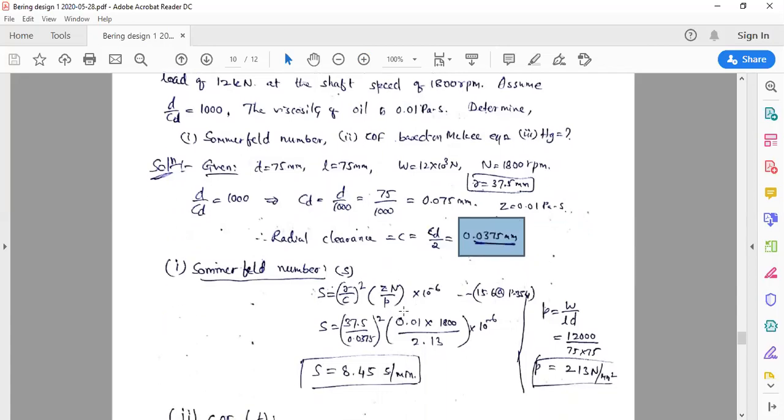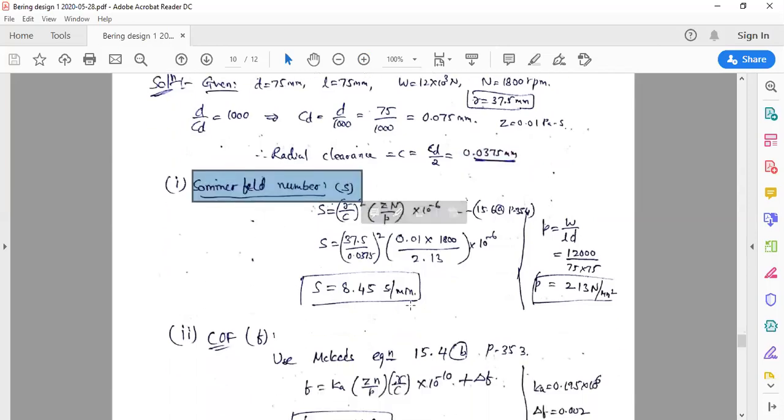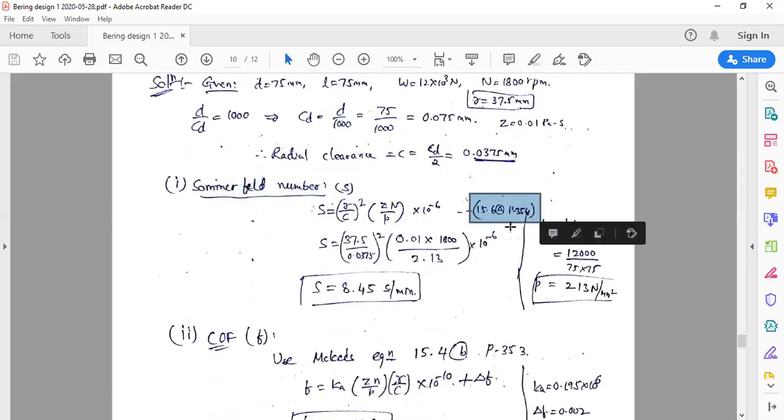After this, we have to calculate the asked parameters. The Sommerfeld number is asked here. You can consider either the condition without side leakage or with side leakage. Now I am assuming that there is no side leakage, so use equation number 15.6a of page number 354.